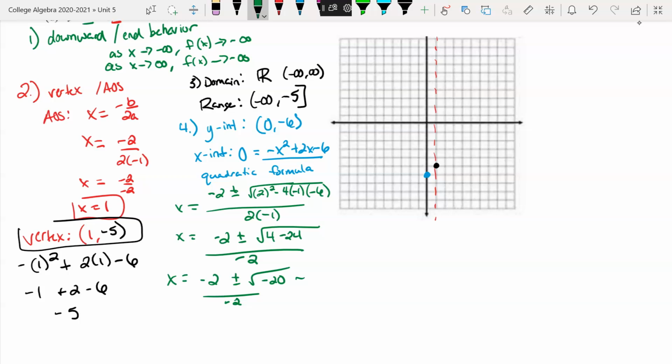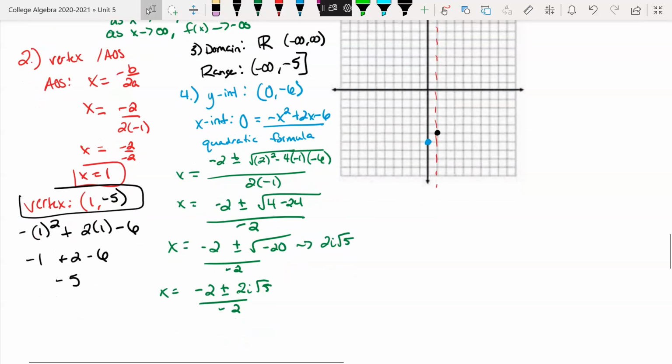So now we got to simplify our square root because it ends up being negative 20. Well, when you do that, you get 2i square root of 5. So negative 2 plus or minus 2i square root of 5 all over negative 2. And then I can simplify even further. I get 1 plus or minus i square root of 5.